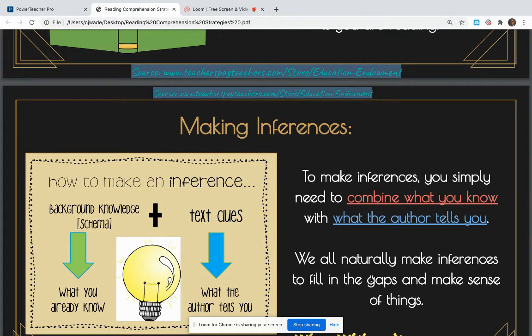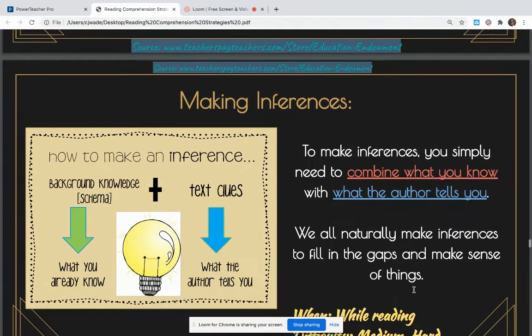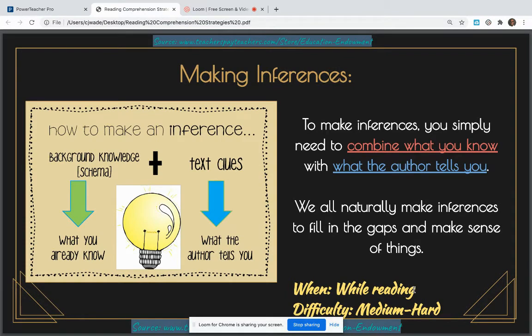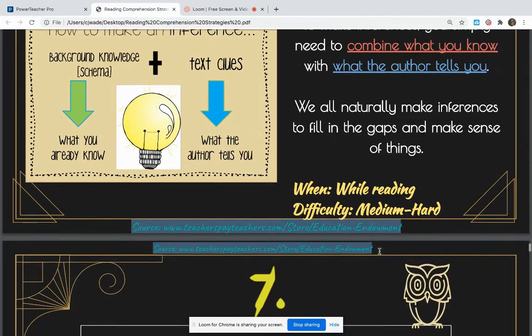We're not reading to read. We are reading to understand. So we all naturally make inferences to fill in the gaps and make sense of things. And so that's what I want you guys to really practice as you're reading, as you're doing your homework this week, making those inferences, reading in between the lines.